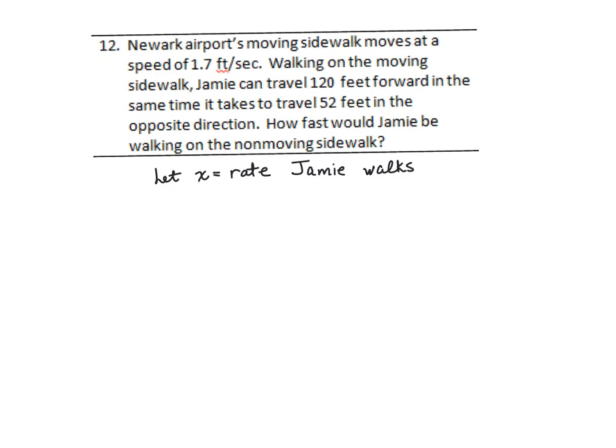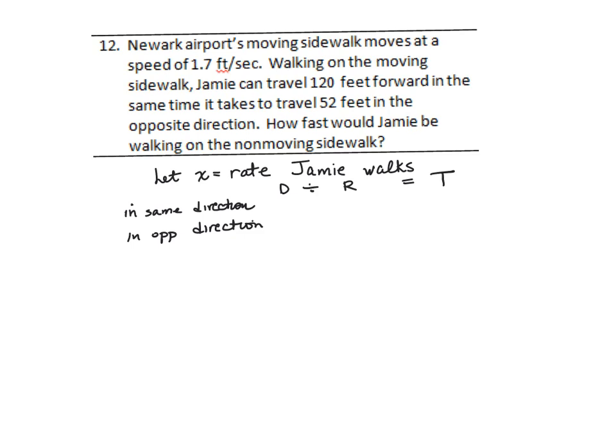And we'll say that, so, walking with the sidewalk in the same direction and in opposite direction, which I've never seen someone do at an airport, but I guess we wanted to make a word problem here. So we have distance divided by rate is equal to time.